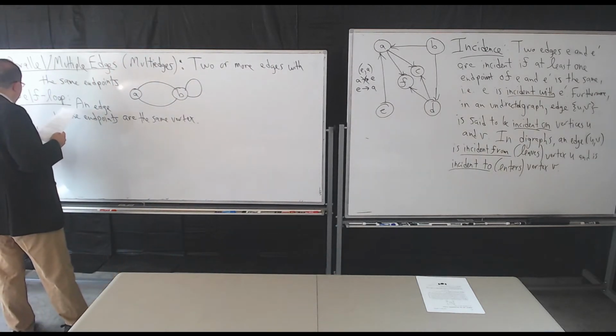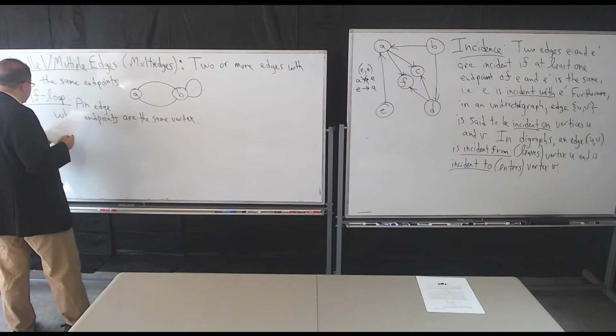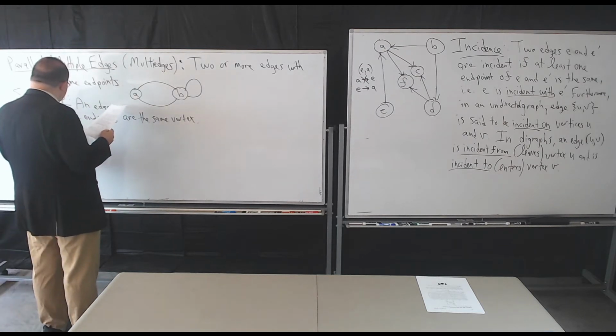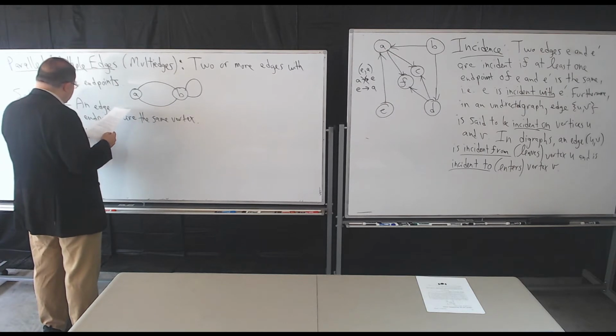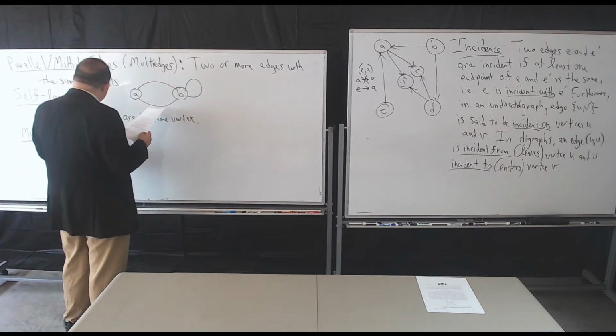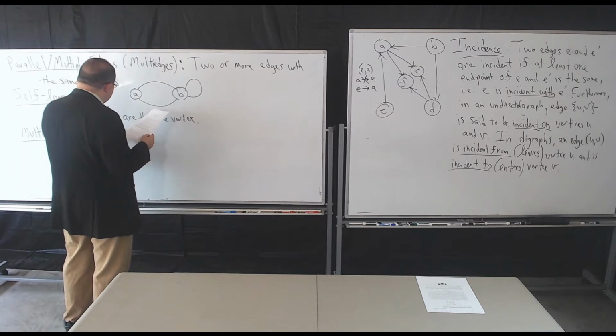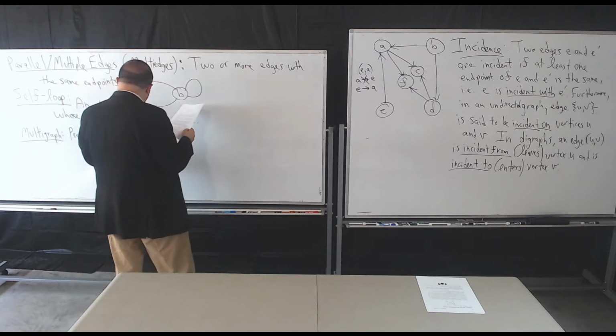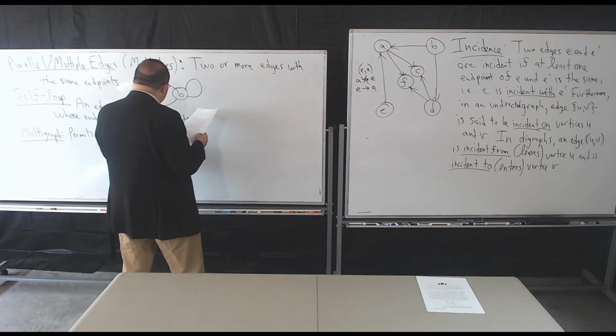So a multigraph permits multi-edges, and typically it also includes self-loops.